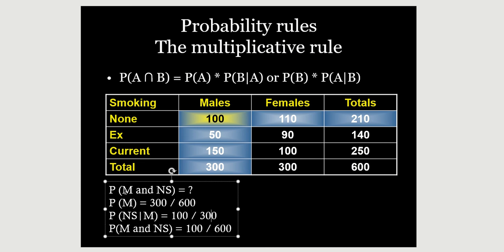So now to get the joint probability, a male and non-smoker, I get the probability of male, and I multiply it by the probability of non-smoker given male, and that will give you the 100 over 600, which we figured out on our own using the frequency table.